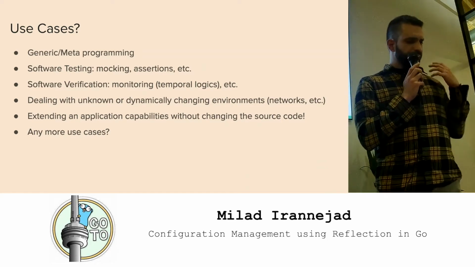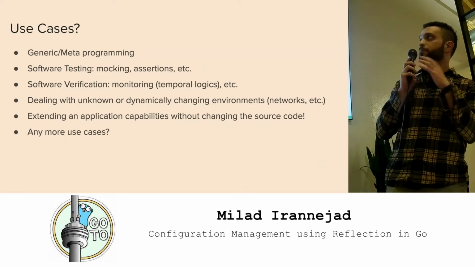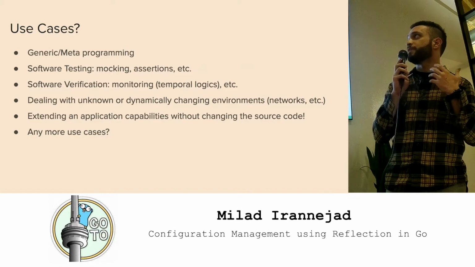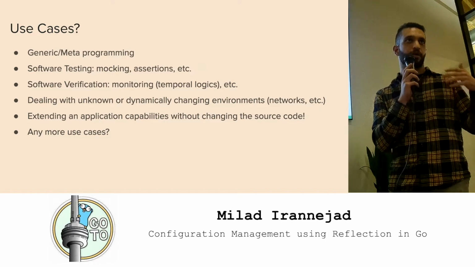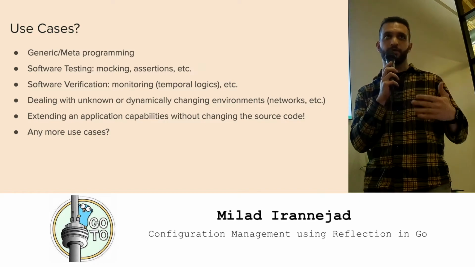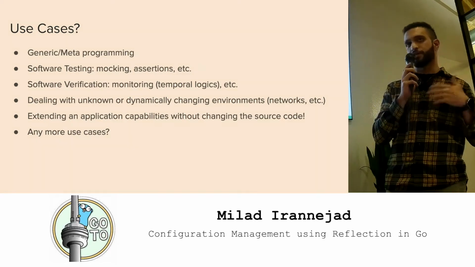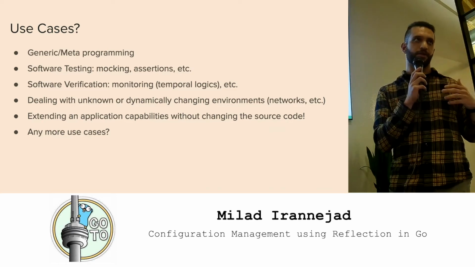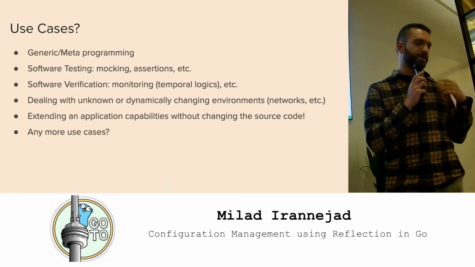There are not many use cases for reflection, but there are some important ones. Generic metaprogramming, and software testing: mocking and assertion. The assert library, require library, and mock library in Go are all using reflection. In software verification, reflection can be used for monitoring the states of your application and asserting temporal logic queries to prevent data races and deadlocks.